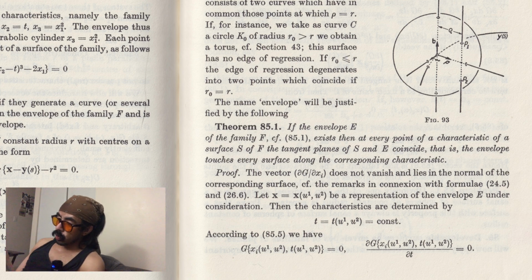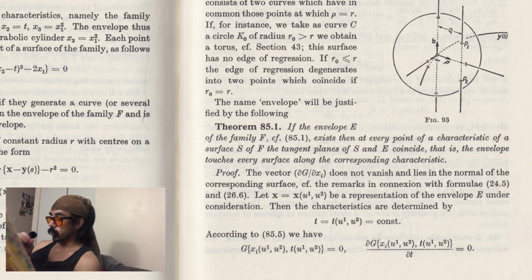According to the definition of a characteristic of a surface, which was read previously, we have that the function g in terms of xi, which is now specifically in terms of u1 and u2, and t, which is now specifically in terms of u1 and u2, is equal to 0, and partial g in terms of xi and t, partial t, is equal to 0.